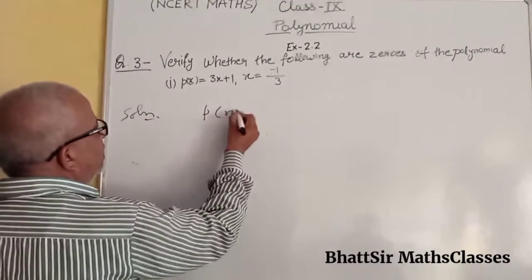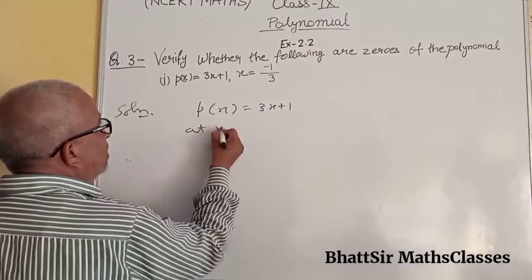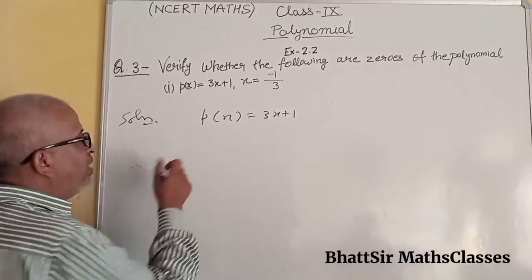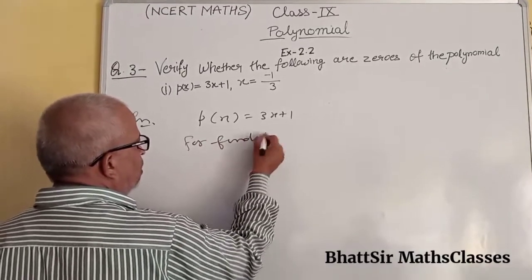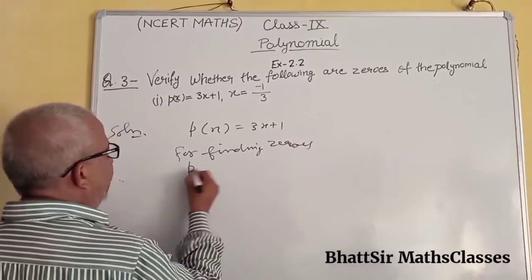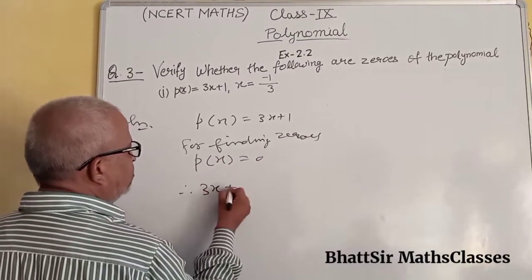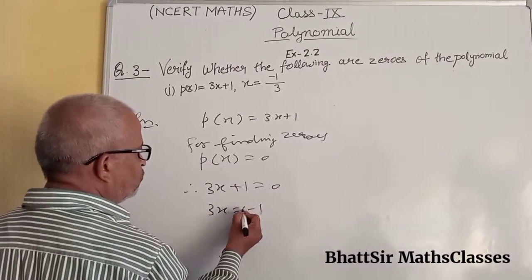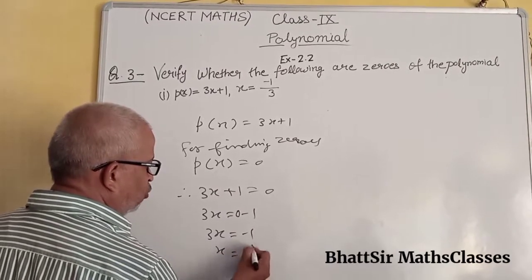P(x) equal to 3x plus 1 is the polynomial. For finding zeros, P(x) equal to 0. Therefore 3x plus 1 equal to 0, 3x equal to minus 1, x equal to minus 1 upon 3.